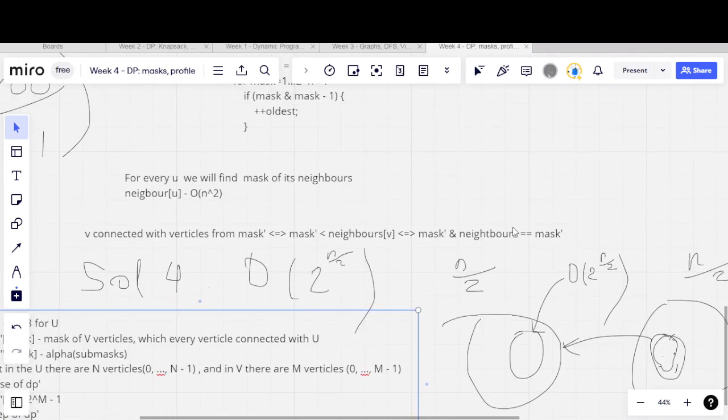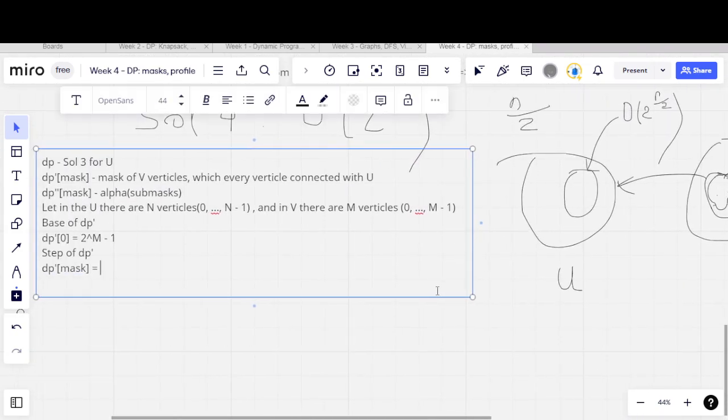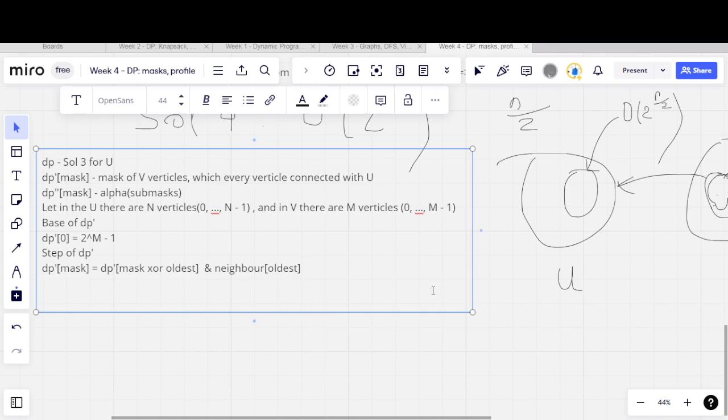We have neighbors according to the previous solution, neighbors of this vertical. We just do the same idea, dp mask XOR to oldest vertical and neighbor of oldest. We take neighbor of oldest. Okay.